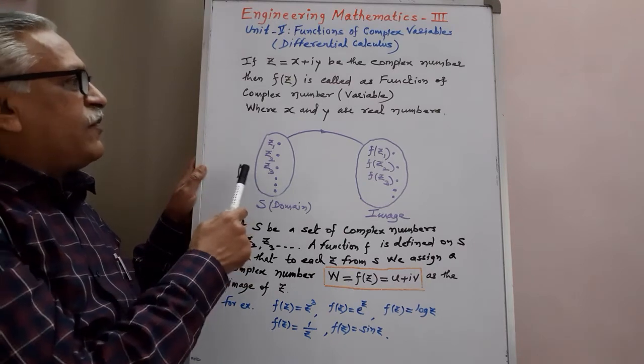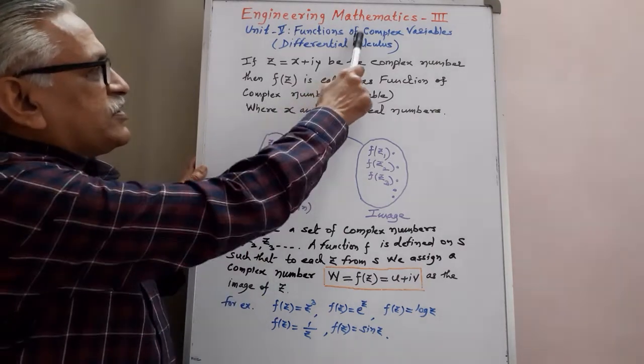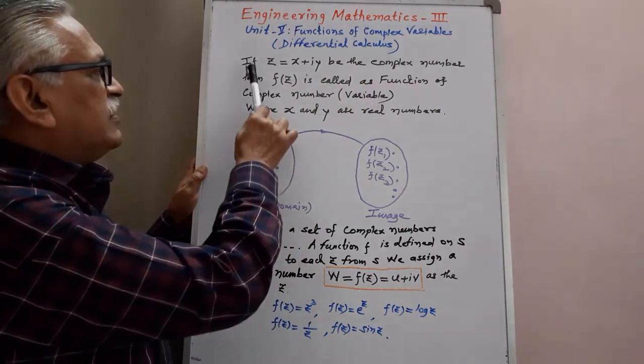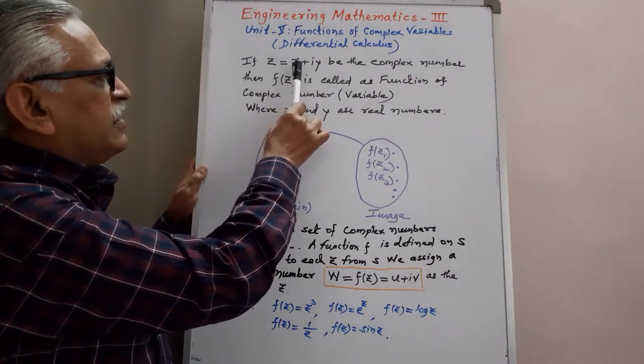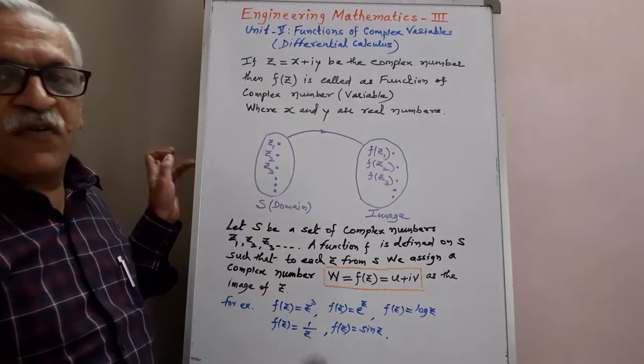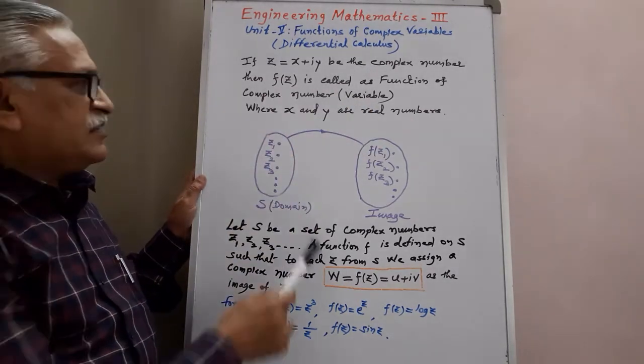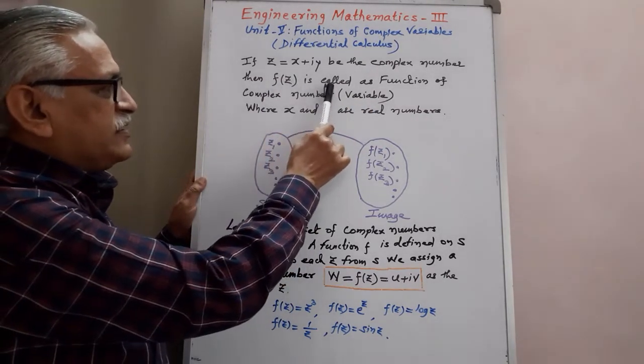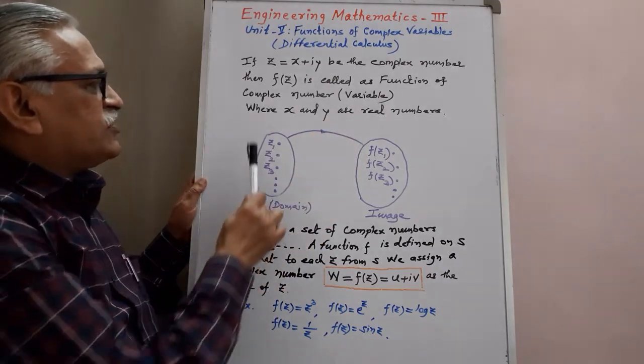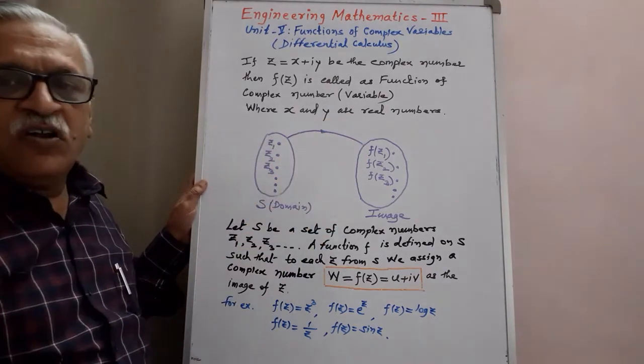Let us define the term function of complex variable. If z equals x plus iy be the complex number, then f of z is called a function of complex number or variable.